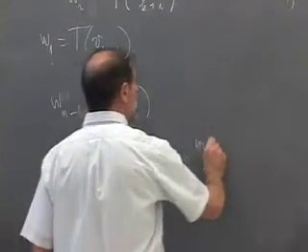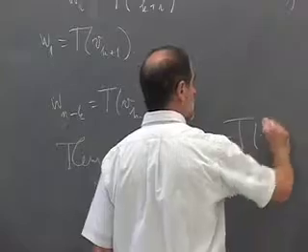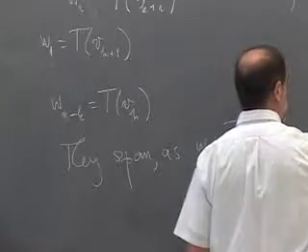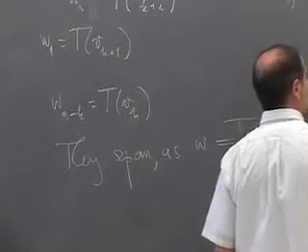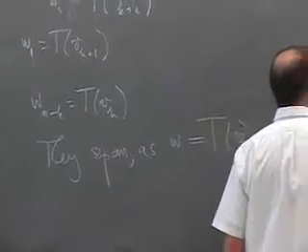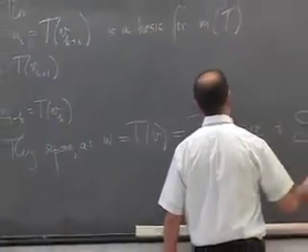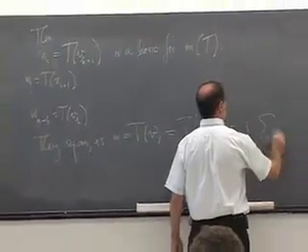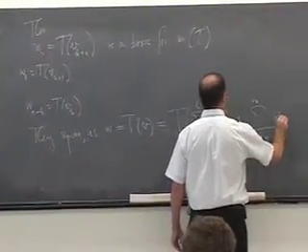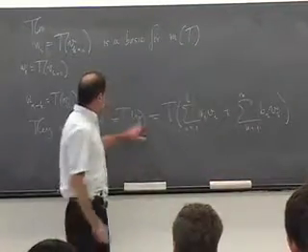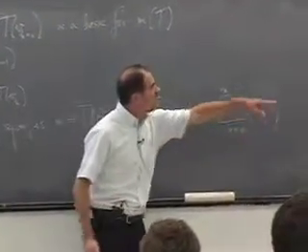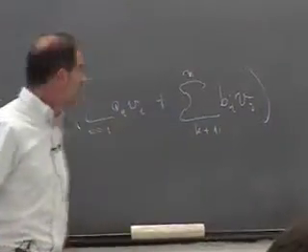Any w in the image is T of v, which can be written as T of the summation from i equals 1 to k of a_i v_i, plus the summation from k plus 1 up to n of b_i v_i. So any vector in V, because these v_i's give a basis of V, can be written as a sum of terms.